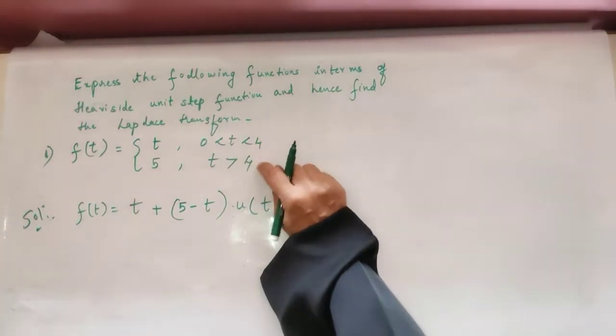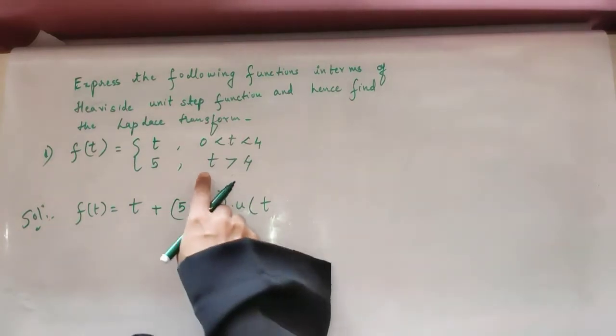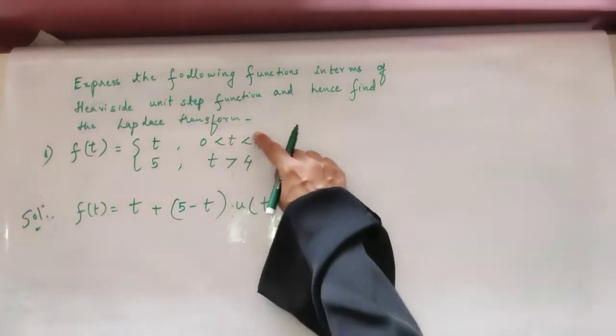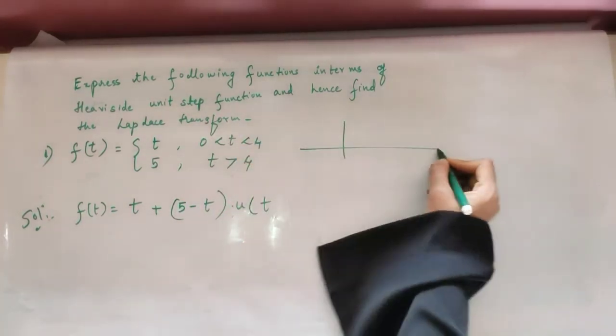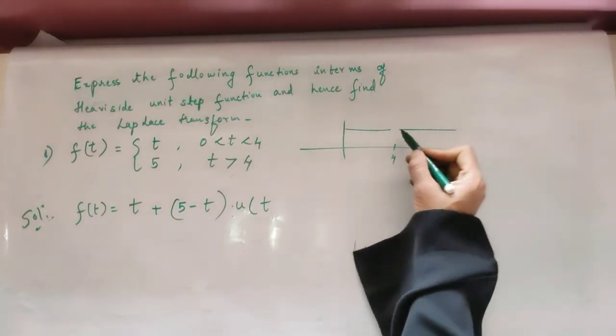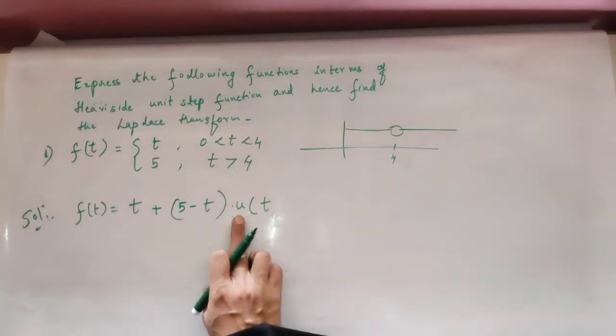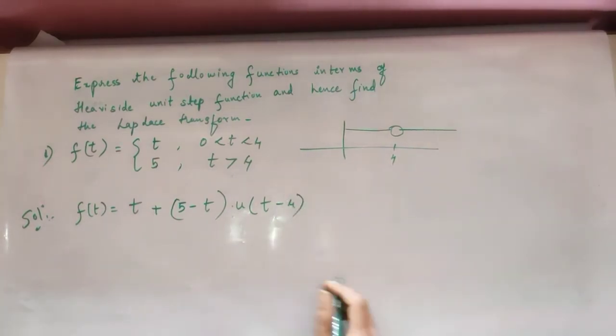In this interval, when t is between 0 and 4, and when t is greater than 4, that common value is 4. The main point is 4 only, so that 4 we will consider. So u of t minus 4.